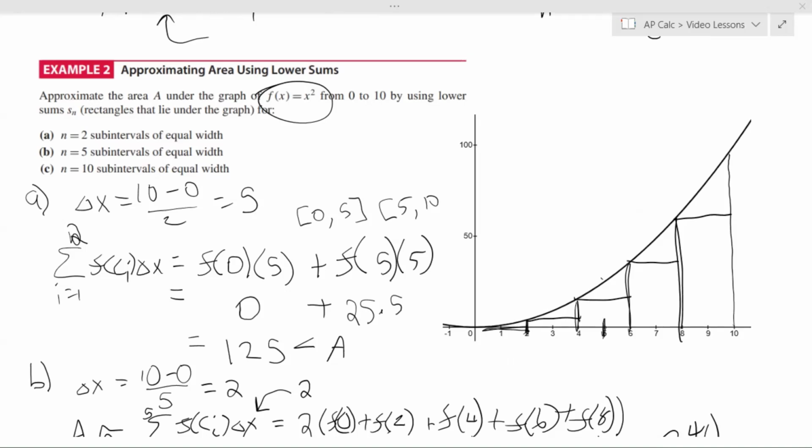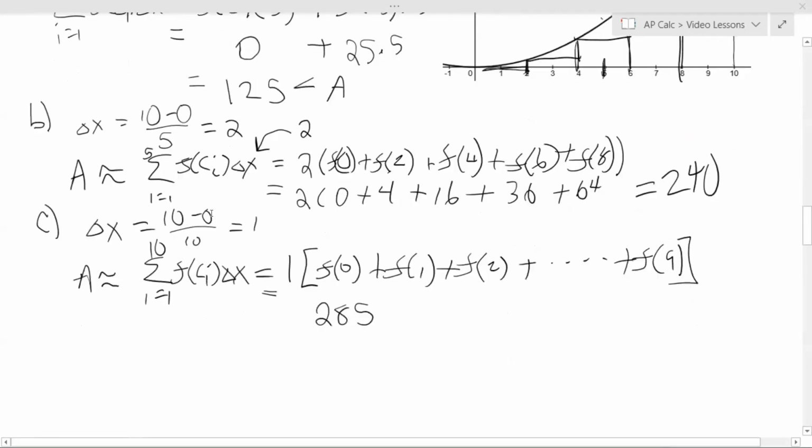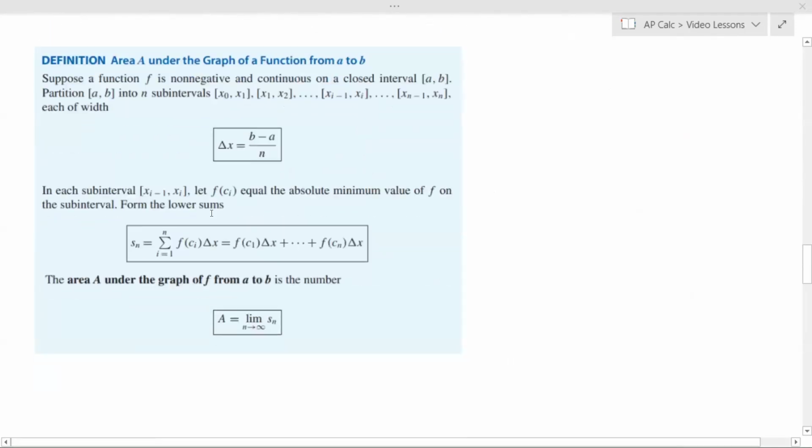So in general, the error due to using these sums is going to decrease as the number of subintervals increases. So this brings us to the definition of area under the graph of a function from a to b. So suppose a function f is non-negative and continuous on a closed interval.